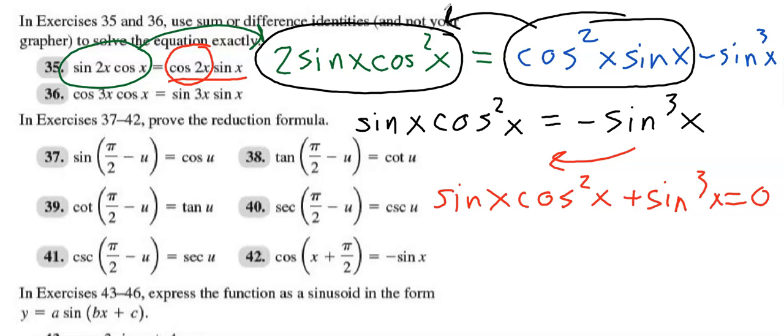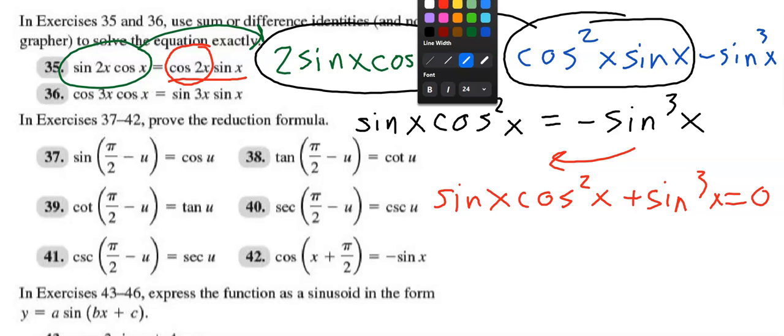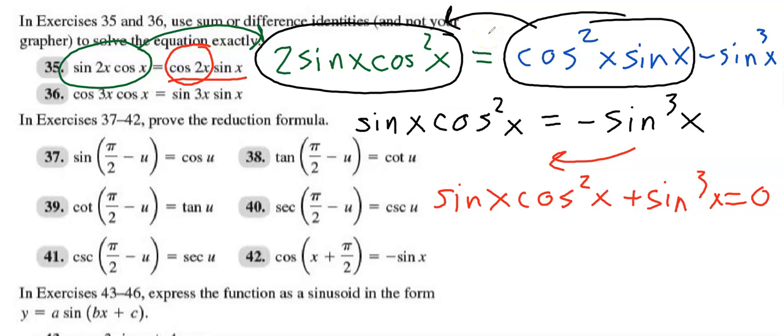All right, now we got to factor this thing. What do you see that you can pull out of both of these terms? You cannot take a cosine x out of both of those terms that are underlined in the blue. They both have a sine x that you can pull out.